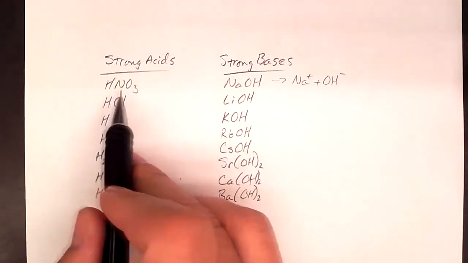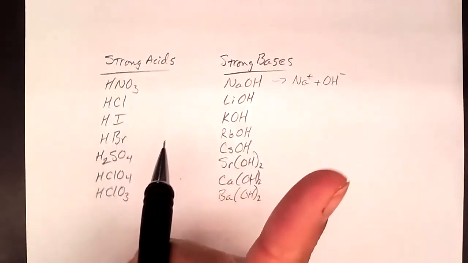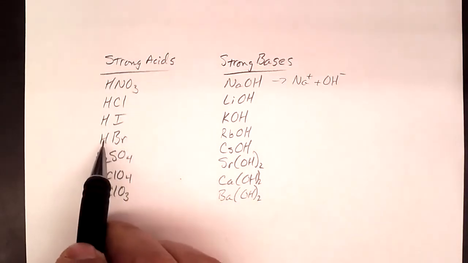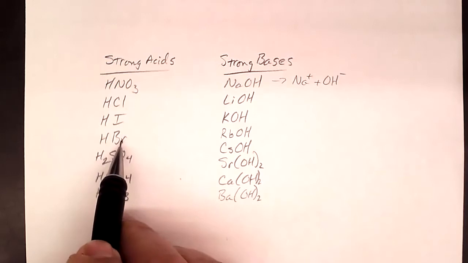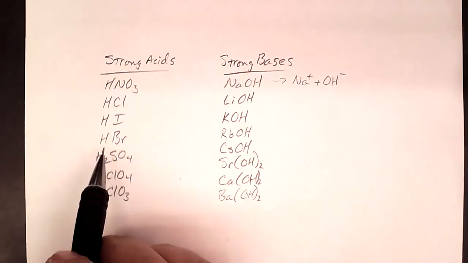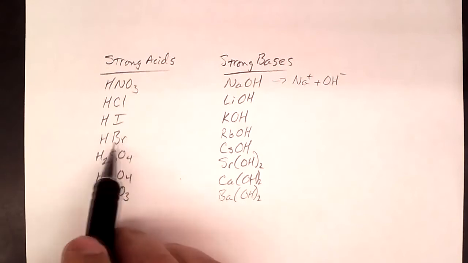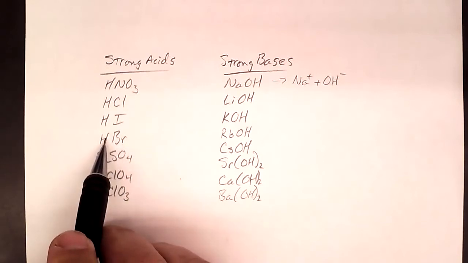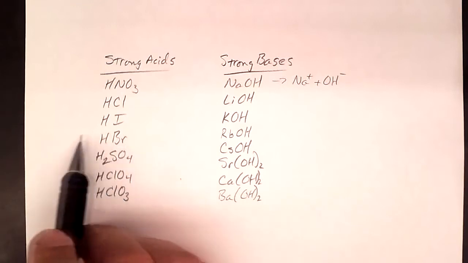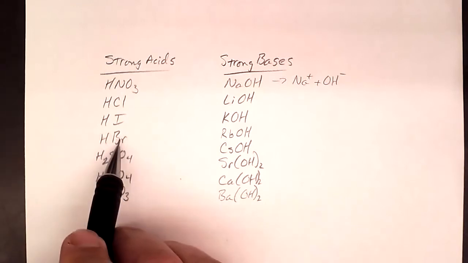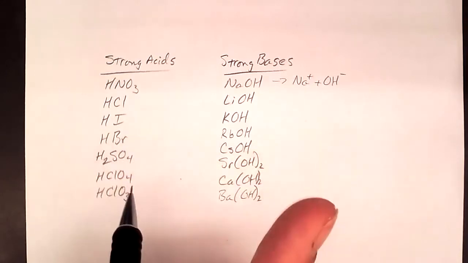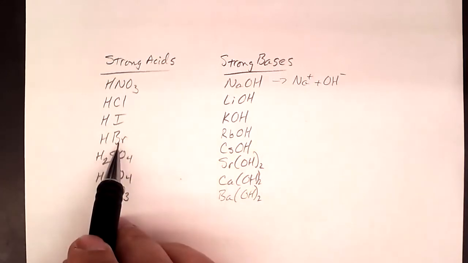If you had something like HBr, my point is all the H's will come off. If you have 9 of these in water, then you get 9 H pluses breaking off and 9 Br minuses breaking off. So if you could count the moles, that would be the moles of H plus coming off. If you say there's 1 mole of this, then there's 1 mole of H plus in the water and 1 mole of Br minus in the water. But for the purposes of pH and pOH, I don't really care about the Br minus.